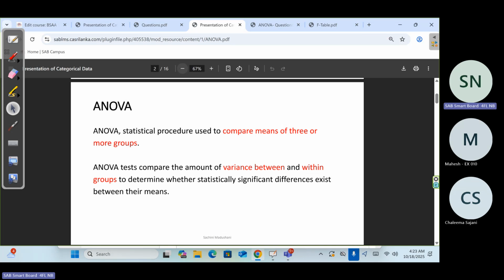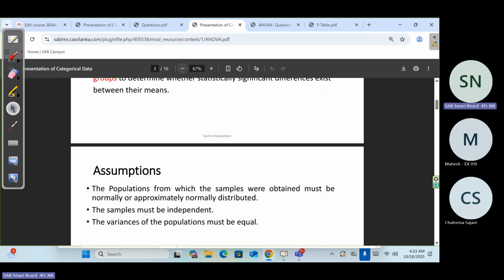Now you know variance, you studied it in the summary measures lesson. Variance means dispersion, how data is distributed within the data set. Here we find out the variance within groups and between groups. How is the variance between groups? How is the variance within a group? Understood?